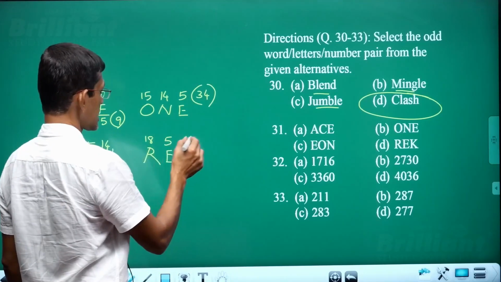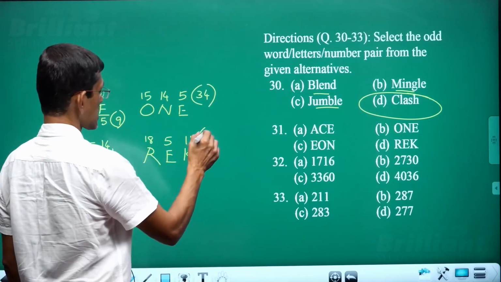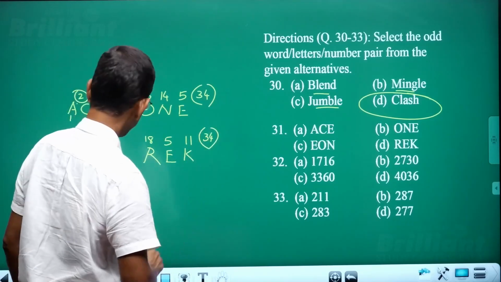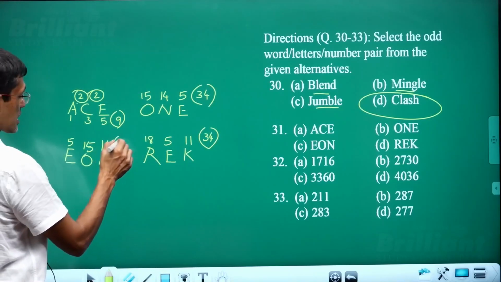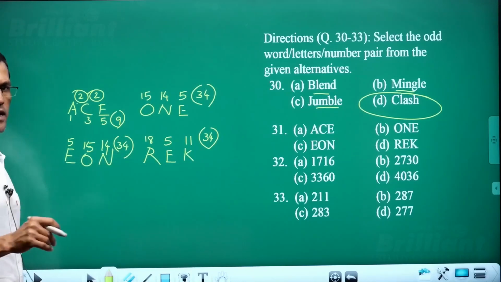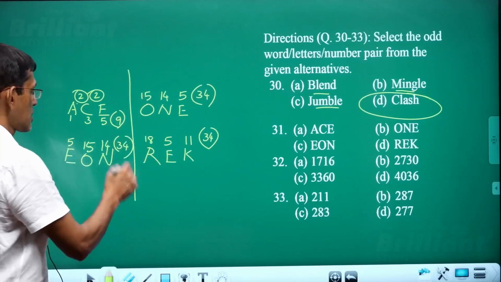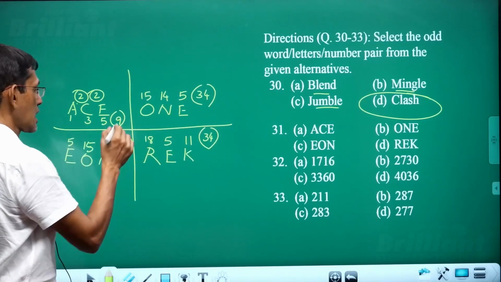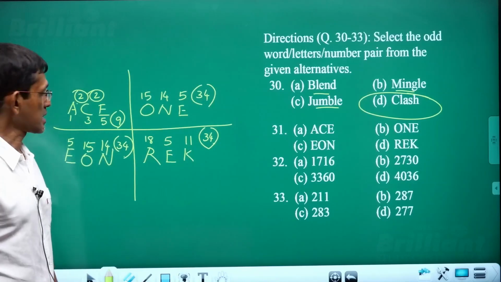How about 18, 5, and 11? 18 plus 11, 29 plus 5 is 34. So 5 plus 15, 20. 20 plus 14, that's 34. So if you add the position values of the letters in each one, what you get is 9, 34, 34, and 34. That's what we are getting.